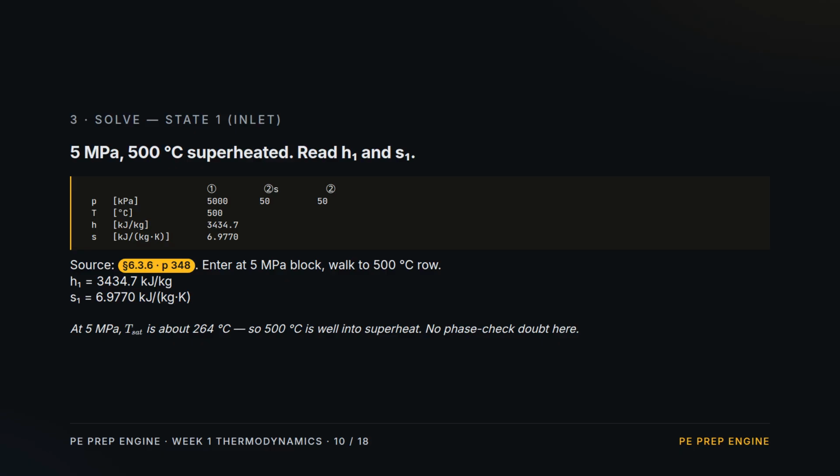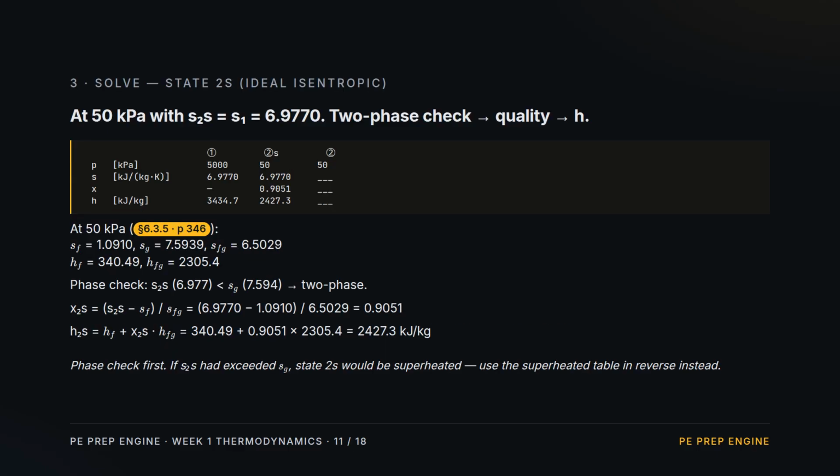Solve. State 1. 5 megapascals, 500 Celsius. Superheated, since Tsat there is only 264. From the superheated table, H1 is 3434.7, S1 is 6.977. State 2s.